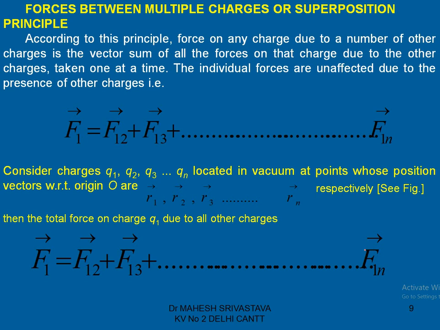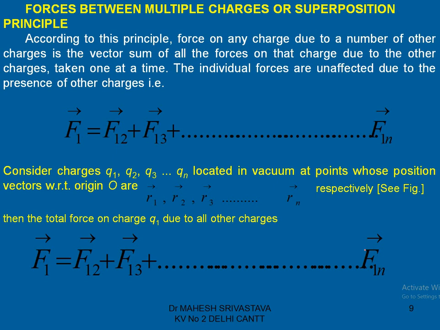The individual forces remain unaffected due to the presence of other charges. It means individual charges will exert force on a given point charge, but they will not exert any force on each other.